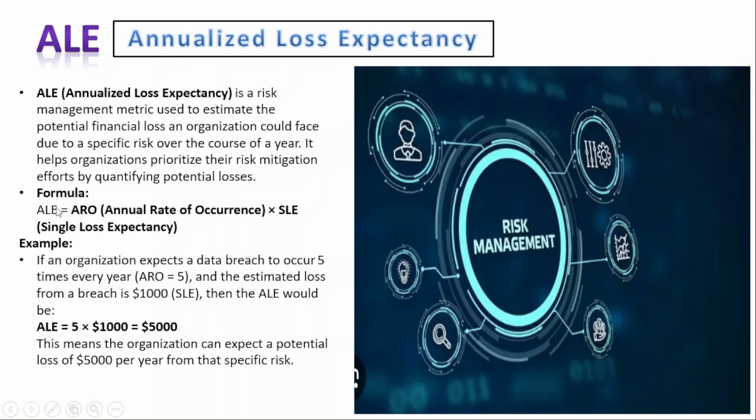So the formula for ALE is equal to ARO, that is annual rate of occurrence, multiplied by SLE, that is single loss expectancy.